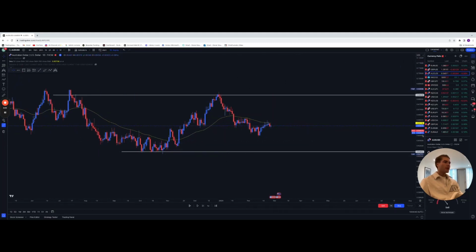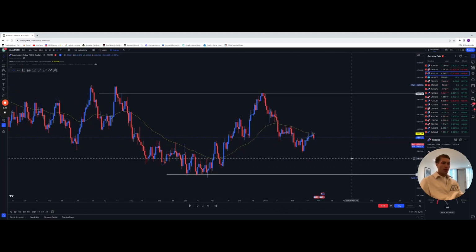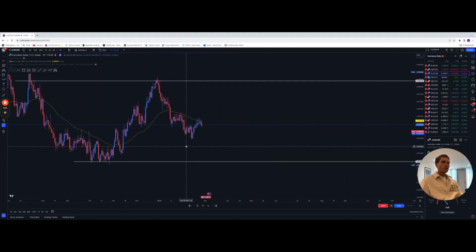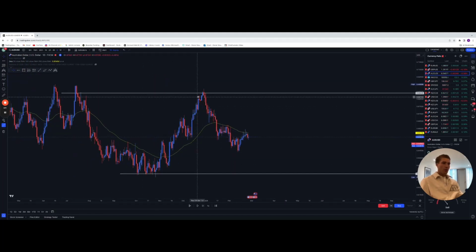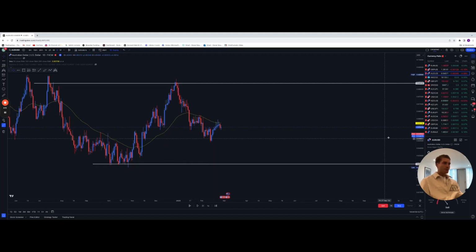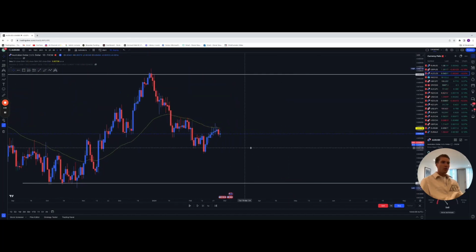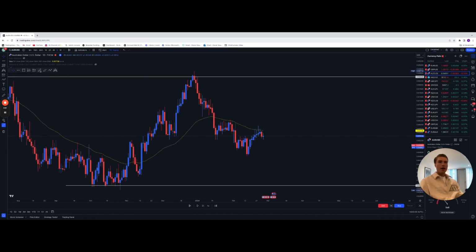So coming down to this, I'm looking at the recent structure. As you can see, the market's come down again within the weekly zone, which is bearish. Come back up and it's now retracing down. On the daily here, what have we done? There is this structure point here that's created.